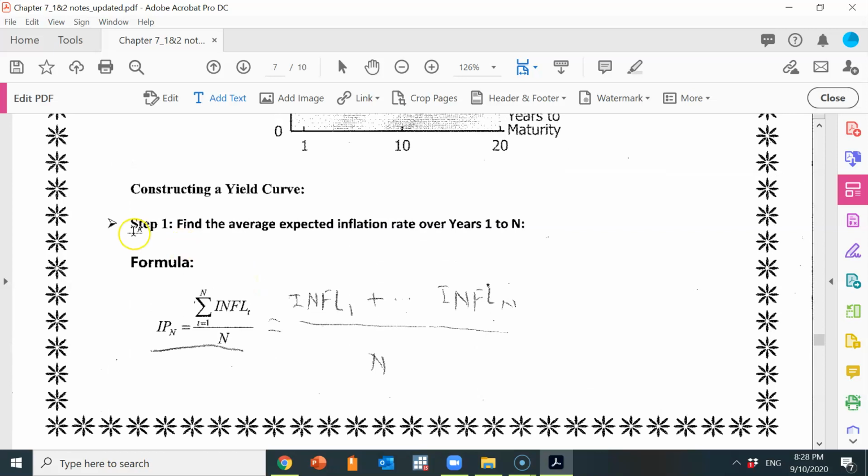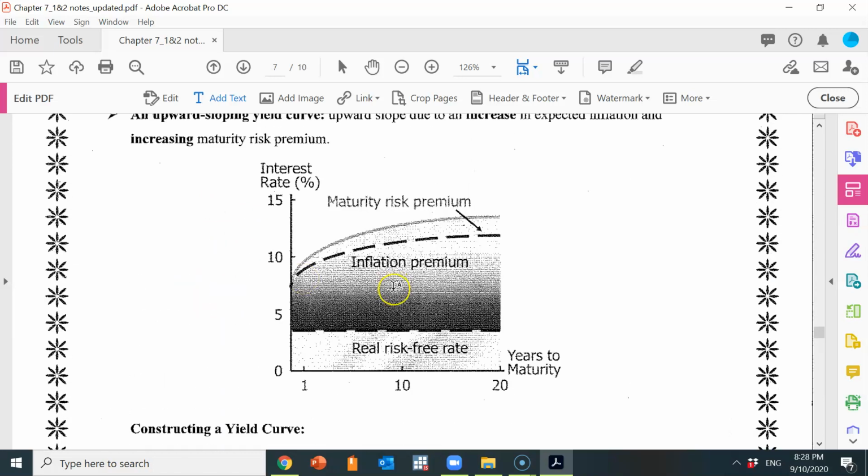We were trying to construct a yield curve to show the relation between T and R. The first step is to calculate IP for different T, and then calculate MRP for different T. And we add these to the real risk-free rate so we can know R, the interest rate, for different bonds with different maturity.